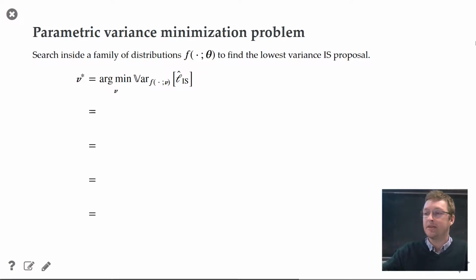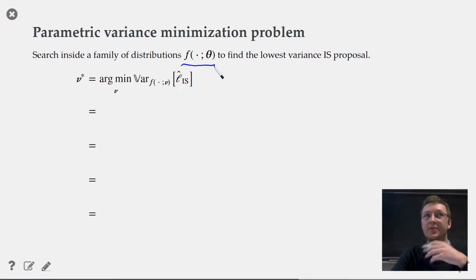So what I've written here is the parametric variance minimization problem. You choose some family of distributions with density f, semicolon, and then some vector v, which is the parameters which define the distribution.